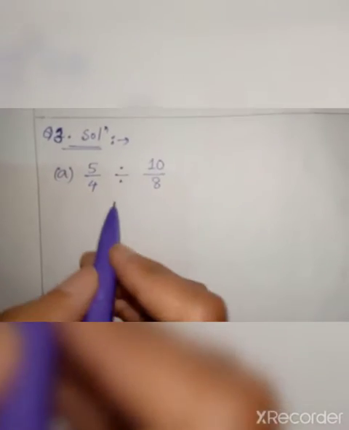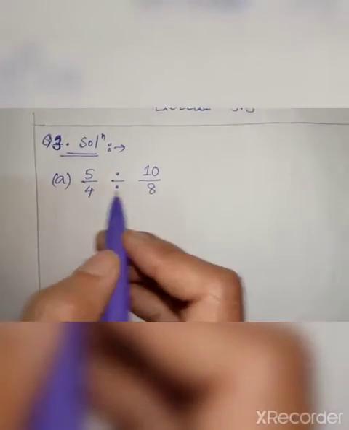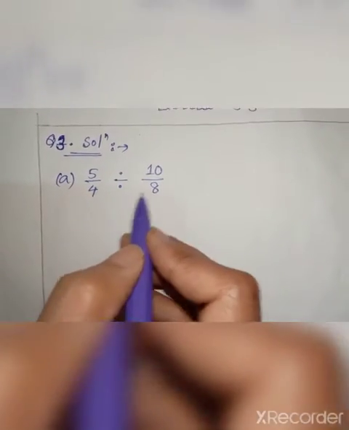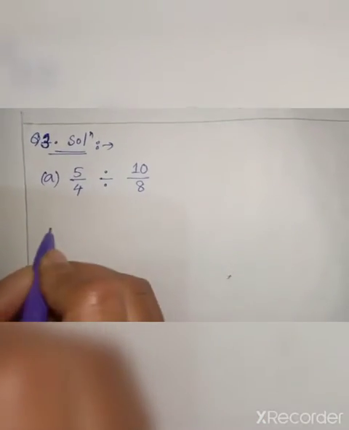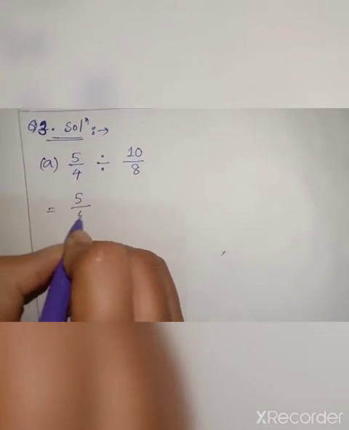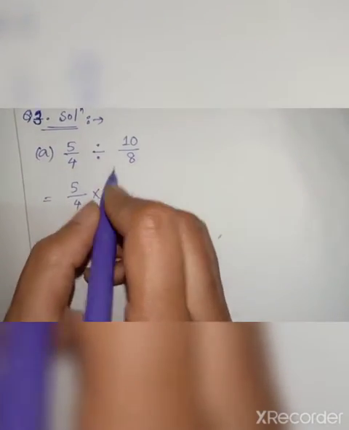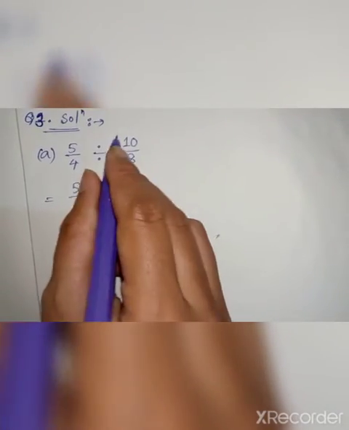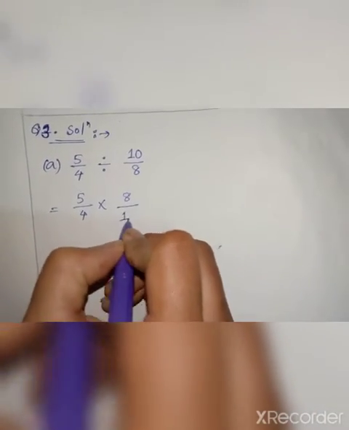Okay, so the question is 5 by 4 divided by 10 by 8. For this division we have to replace the division by multiplication. So 5 by 4 into, if we write multiplication instead of division, then this will be reversed. That means 8 by 10.